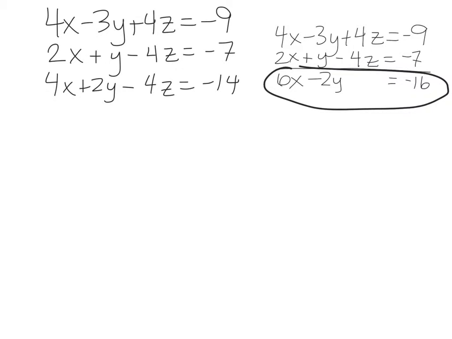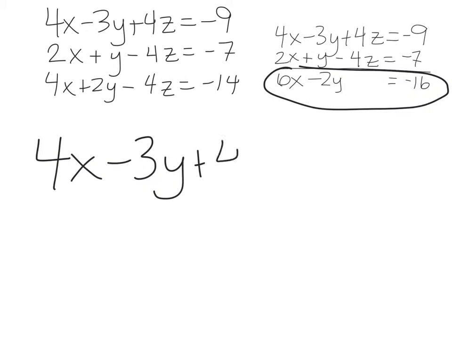Now I have to do that same step again, only this time I'm going to combine this guy here with this guy here. And since this is still a pretty easy example, I'm not going to have to change anything because those variables already match.